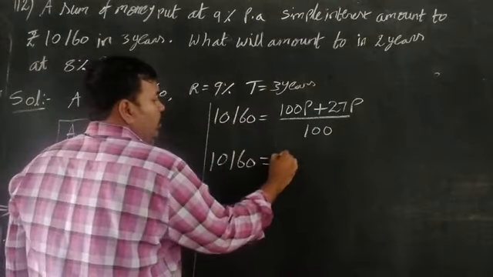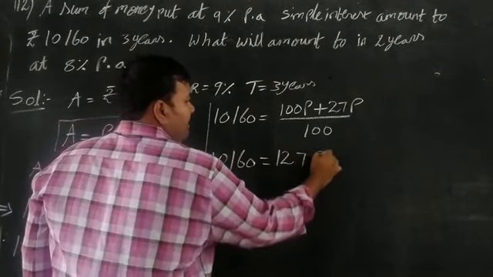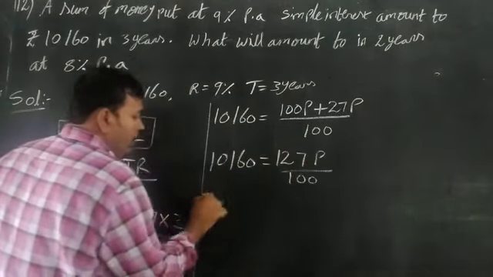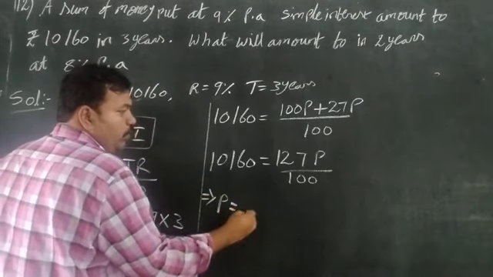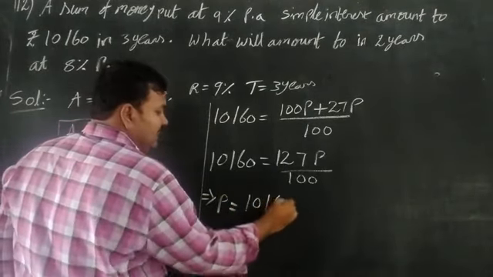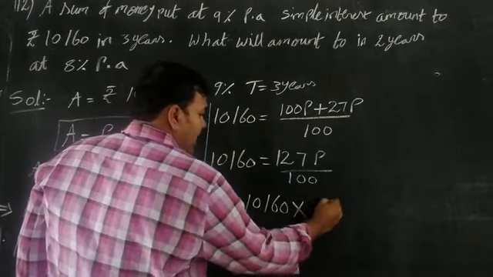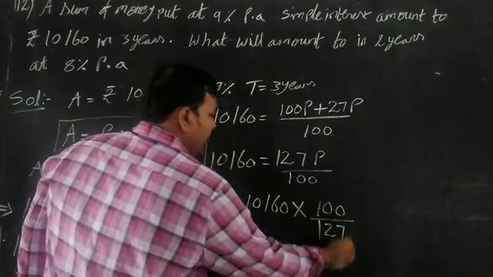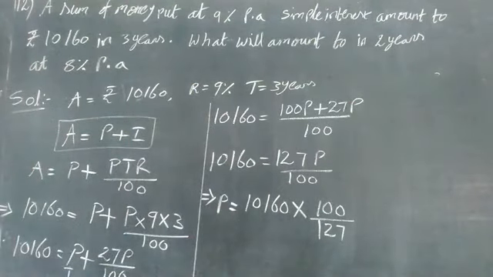So 10160 is equal to 127P by 100. We only want P. P is equal to 10160 into 100 by 127. Doing cancellation.